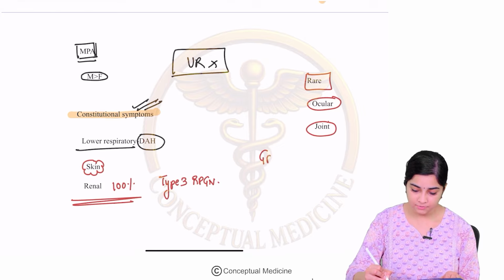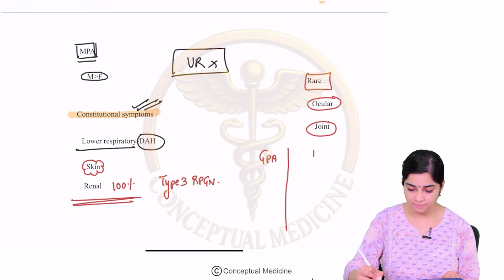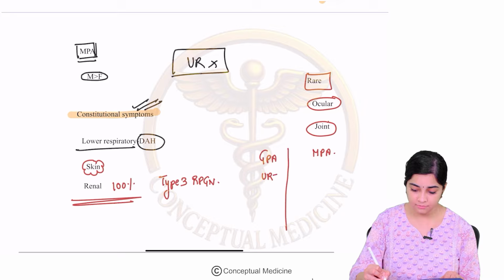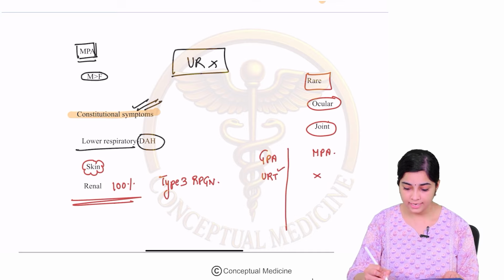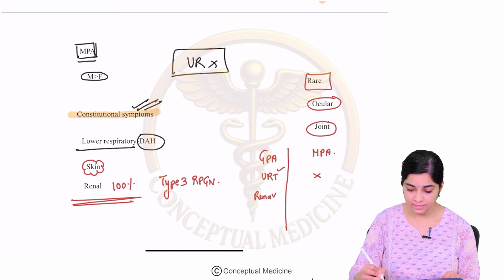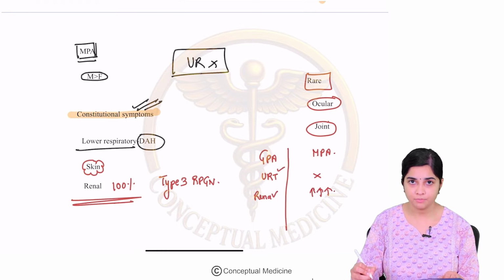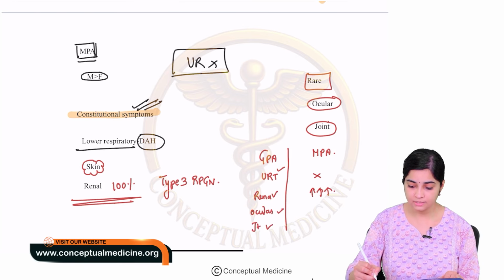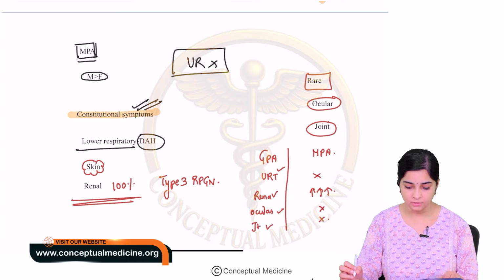So, if I just put GPA versus MPA, what is more common in GPA? Upper respiratory involvement, which is not there in MPA, and renal involvement, which is there in both, but is more common in microscopic polyangiitis. Ocular involvement and joint involvement are there in GPA, which is not there in your MPA.